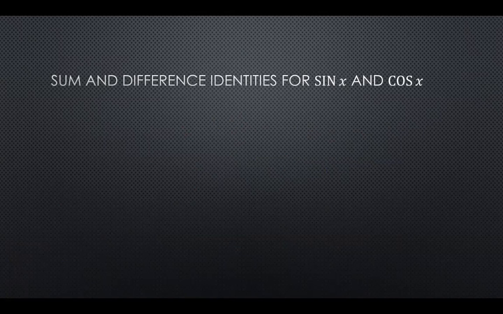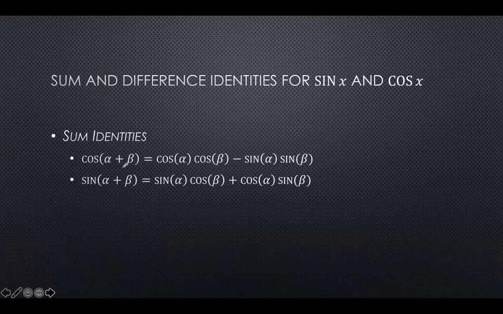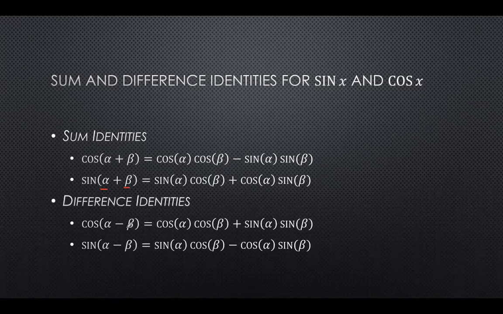For the sum identities, basically, if we add the angles inside of cosine or sine, you can rewrite it using the angles of each of the sum, using sine and cosine. Same thing for differences. If you have the difference of 2 angles, it can be represented with cosine and sine of each angle respectively.